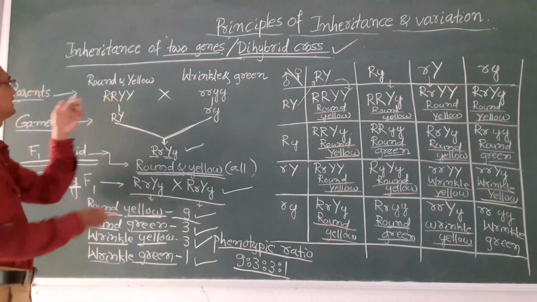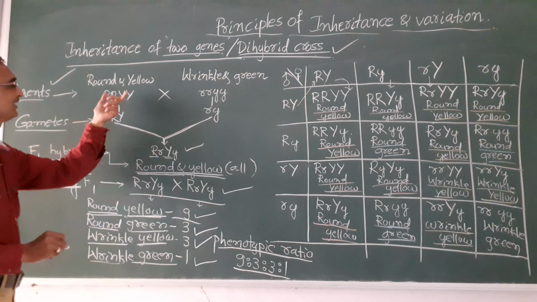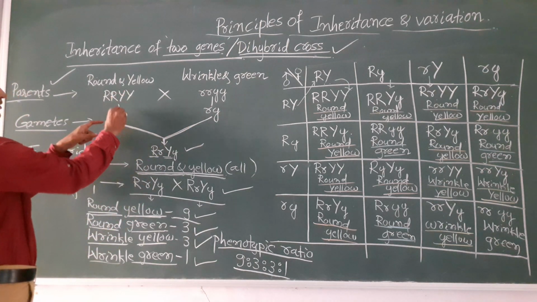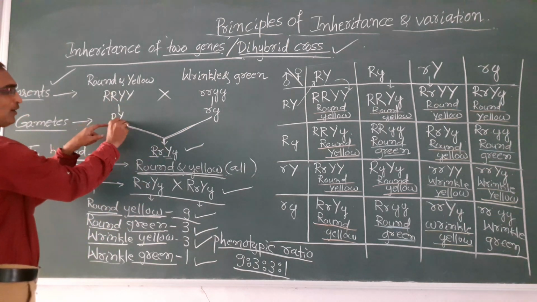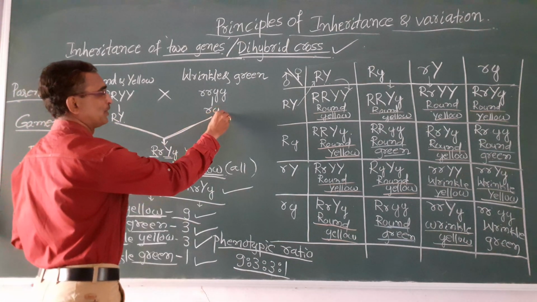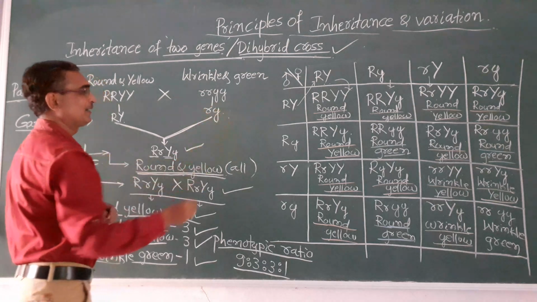Okay, when these are the parents, they will produce gametes. This plant will produce capital R and capital Y, and this plant will produce small r and small y gametes.